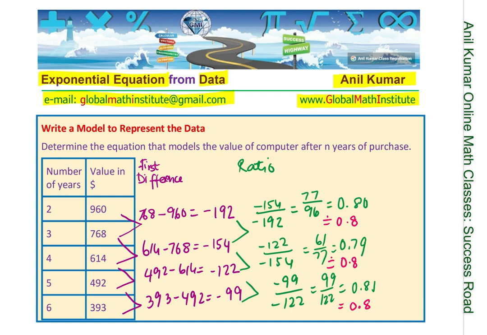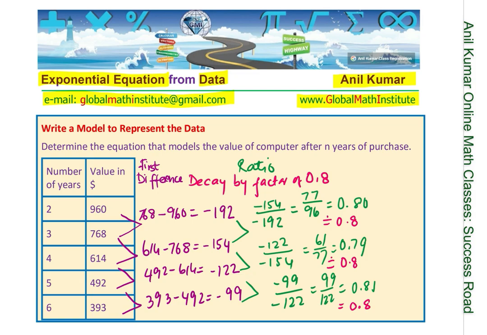So we can approximate this to an exponential function where there is a decay by a factor of 0.8. So clearly we have a decay by a factor of 0.8, correct? With this information, can you now write down the exponential function which will represent the data?